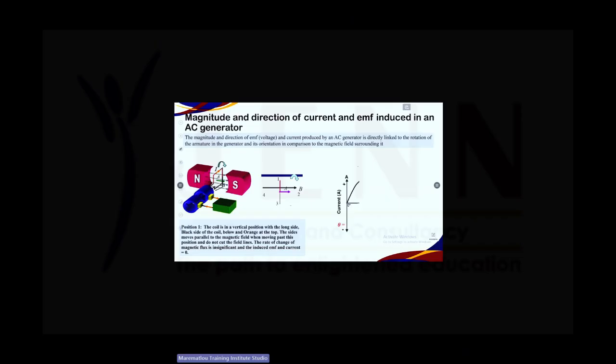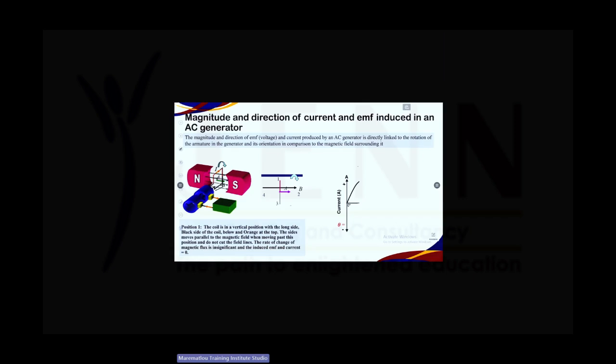The black side of the coil is at the bottom, whereas the orange side of the coil is at the top. The sides move parallel to the magnetic field when moving past this position. Can you see that they don't cut the field lines? The magnetic field lines go through this opening, which means the coil doesn't cut the magnetic field lines.